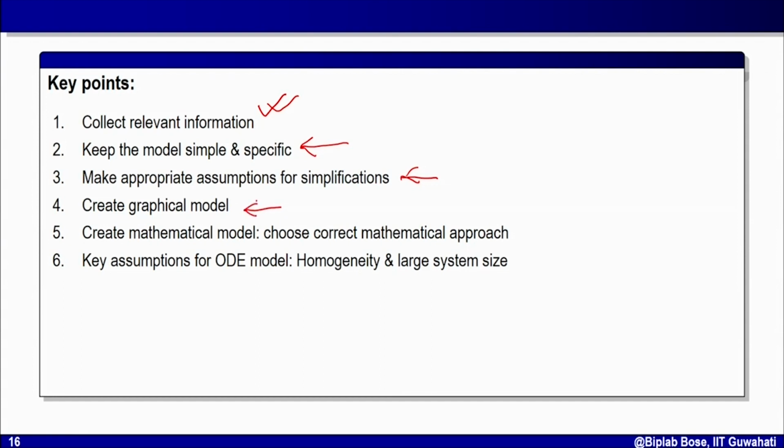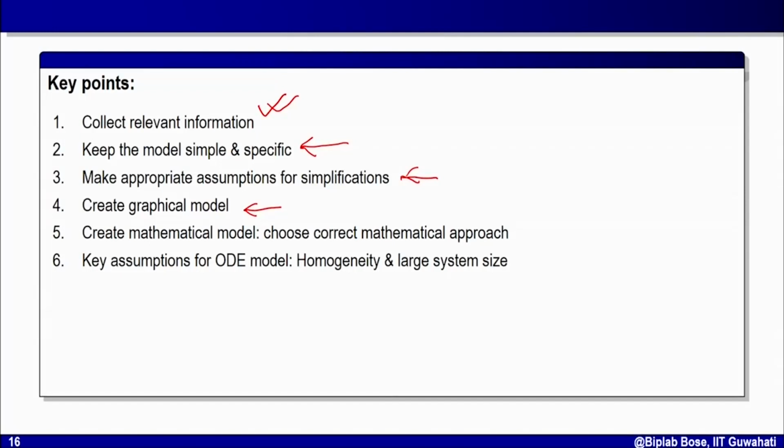In all cases, you don't need it, but in many cases, it is better to draw a graphical model because it will help us to write down the mathematical models. Once you have done the graphical model, go for the mathematical model. A mathematical model is nothing but a set of equations representing the processes. In this course, we will write ordinary differential equations to represent each of the processes. And remember, an ODE represents the rate of a particular process.